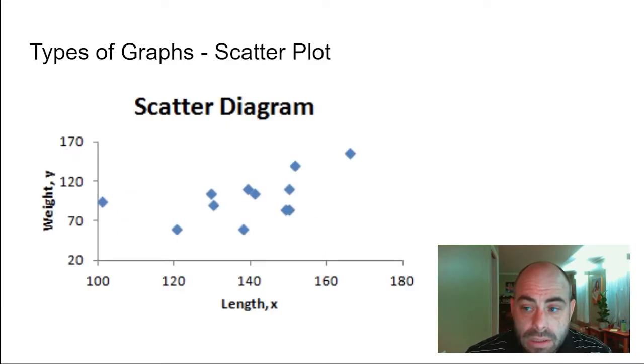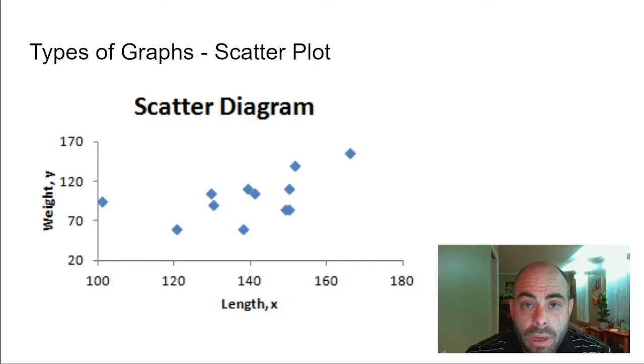And then lastly, a scatter plot. This is not about bears. Maybe it is. Or whales or something. But it's showing you the relationship between two variables that aren't necessarily linked. So this shows weight and length.